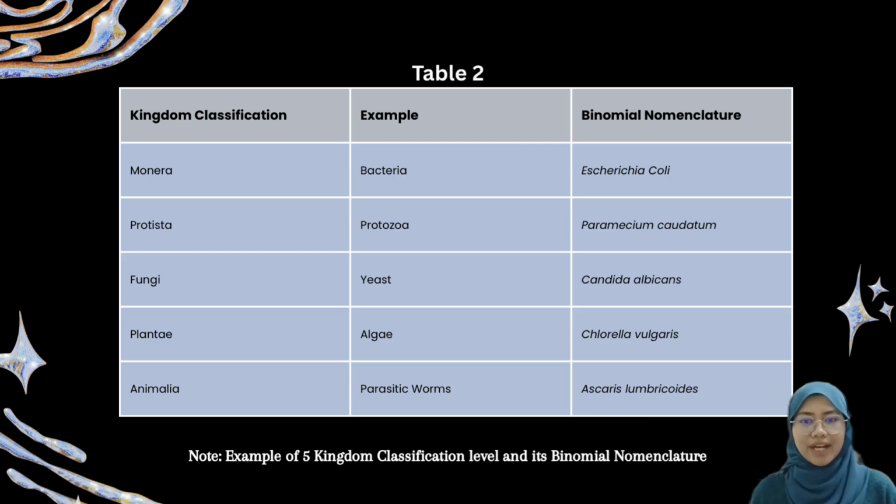The third one is fungi, example yeast, and the binomial nomenclature is Candida albicans. The fourth one is Plantae, example algae, and the binomial nomenclature is Chlorella vulgaris. And the last one is Animalia, example parasite worm. The binomial nomenclature is Ascaris lumbricoides.